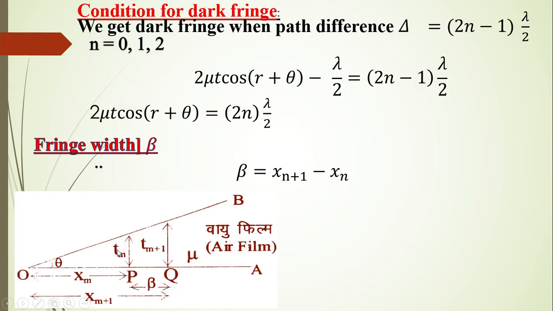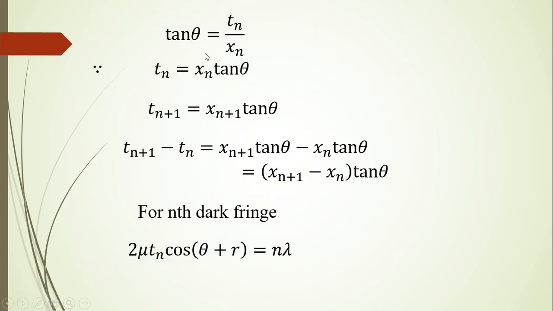First, triangle OPM, this is point M. In triangle OPM, tan theta is equal to perpendicular upon base, Tn by Sn. So Tn is equal to Sn tan theta.